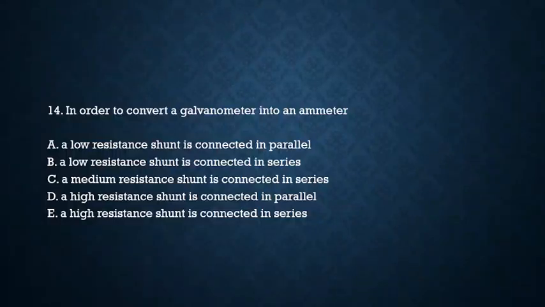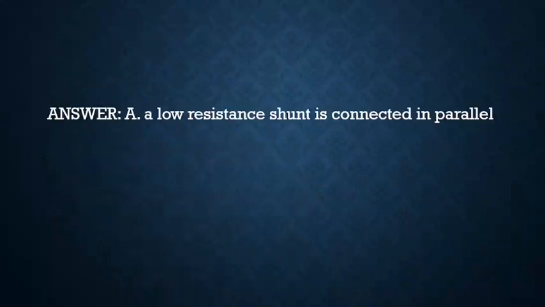B, a low resistance shunt is connected in series. C, a medium resistance shunt is connected in series. D, a high resistance shunt is connected in parallel. E, a high resistance shunt is connected in series. The answer is A, that's a low resistance shunt is connected in parallel.